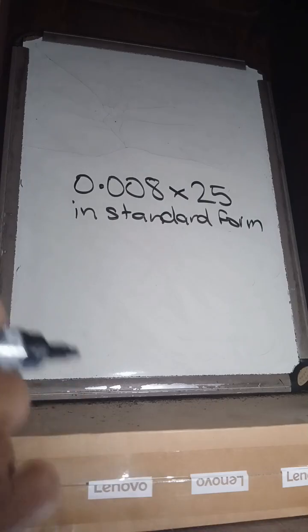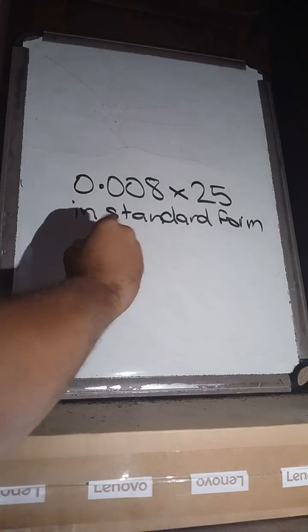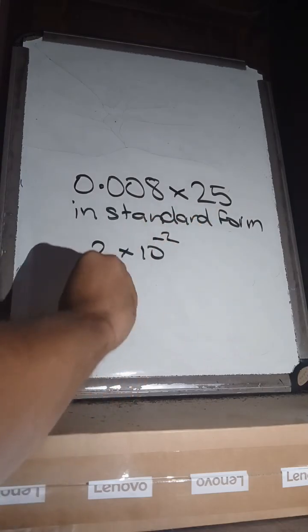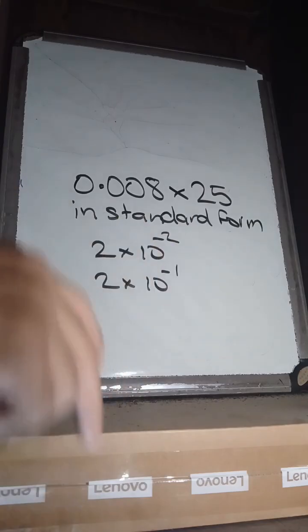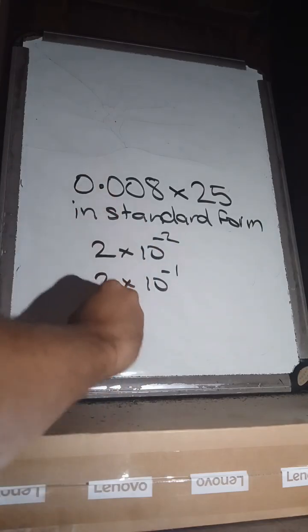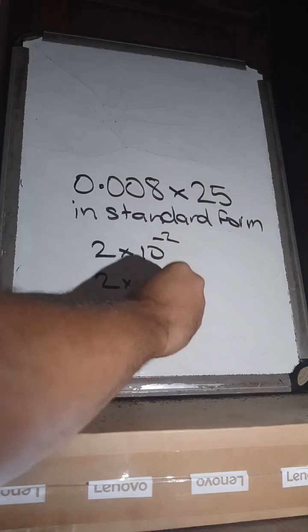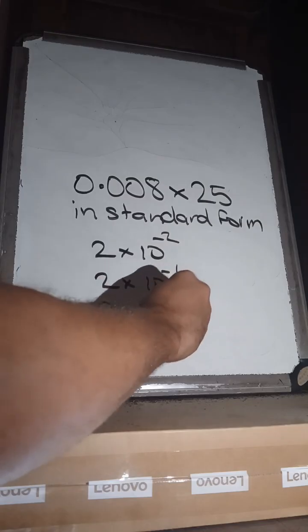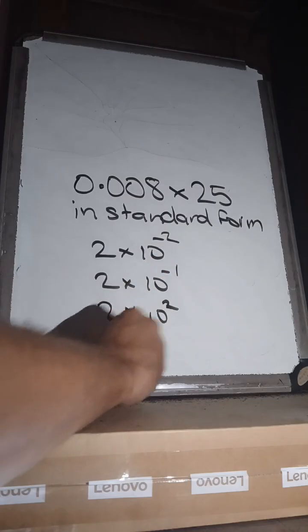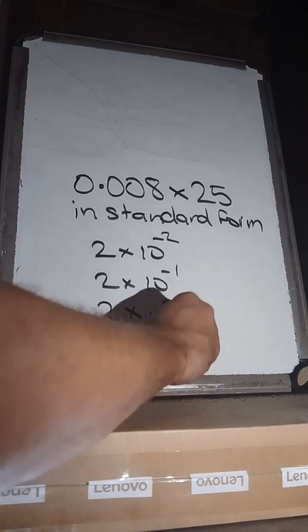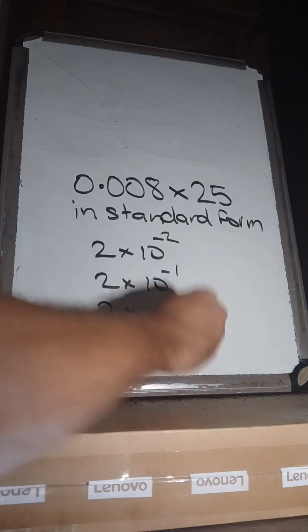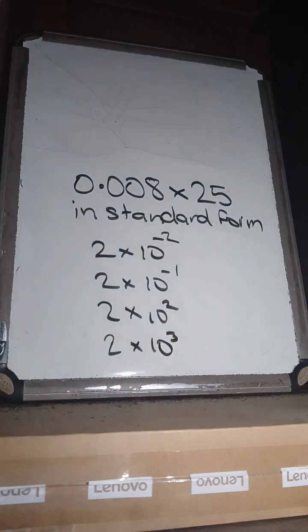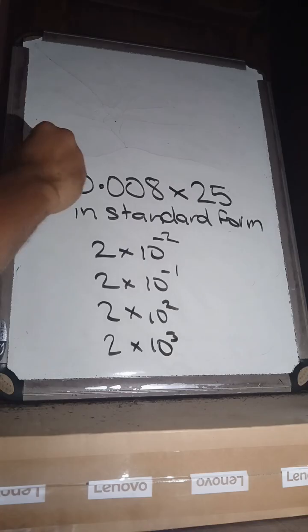And the answers they give you are 2 times 10 to the minus 2, 2 times 10 to the minus 1, 2 times 10 to the 2. Alright, so this is number 48.